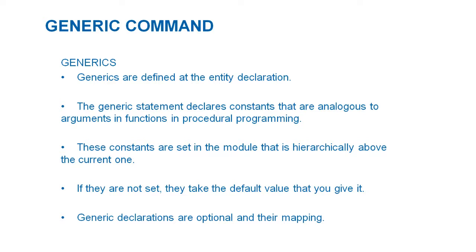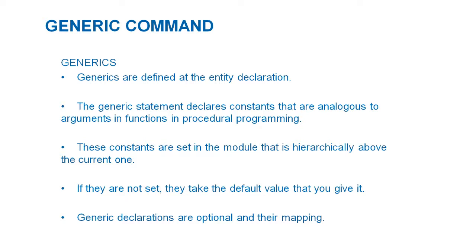Generics can be updated also at the entity level, but they are constants within the body of the entity, within the implementation of the entity. They can be updated at the higher level where this entity is being instantiated as a component.